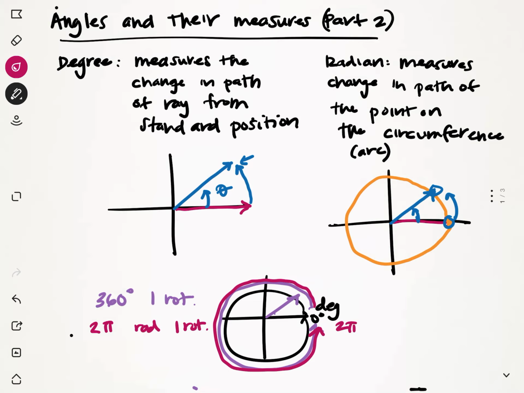We get that because we know that the circumference is 2 pi r. It doesn't matter what our radius is, it's always in the same ratio. So that's where we get our 2 pi from. Just remember, one complete rotation is 2 pi, and you'll get better at it from there. Alright, so let's see how we're going to convert our degrees to radians and vice versa.